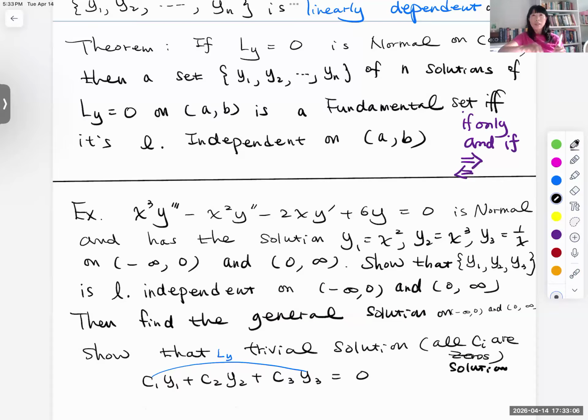This is L sub y, a linear combination form. Now we set the other side equal to 0. Why? Because we want to show the trivial solution, that is, c sub 1 equal to 0 equal to c sub 2 equal to c sub 3. Make sense?